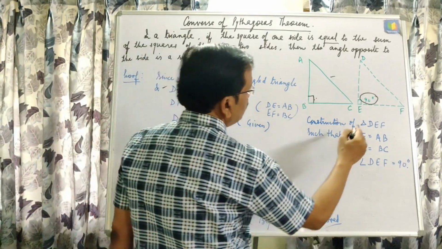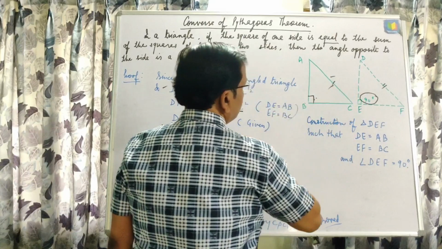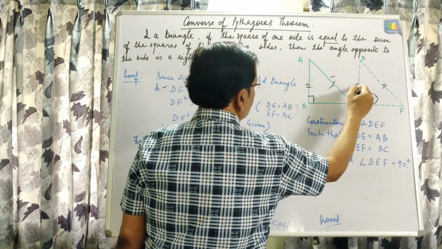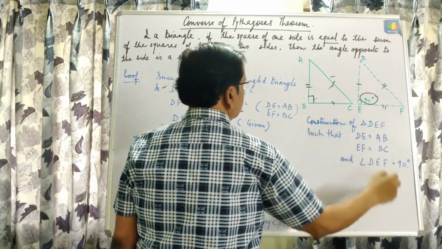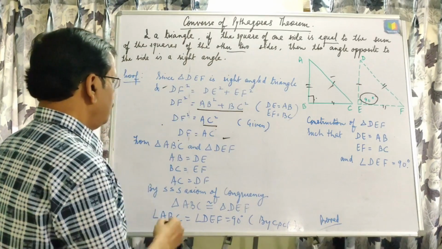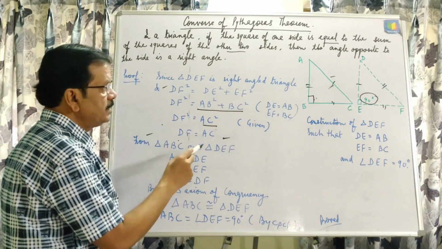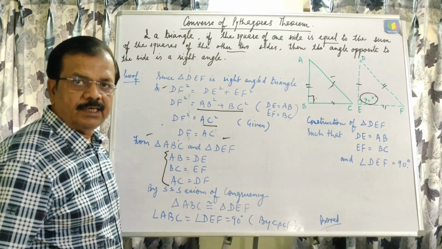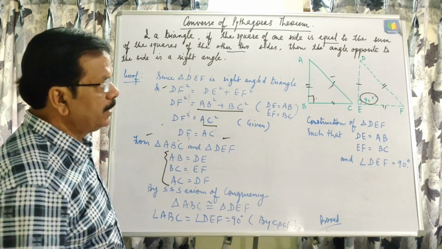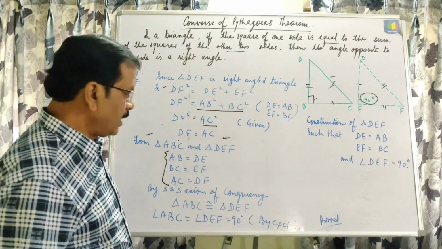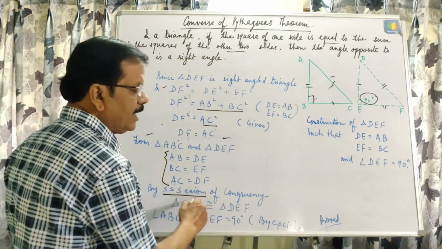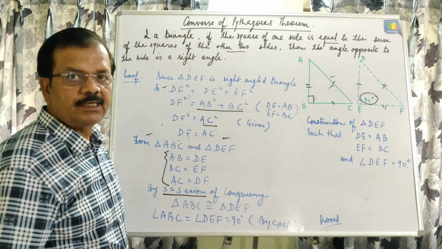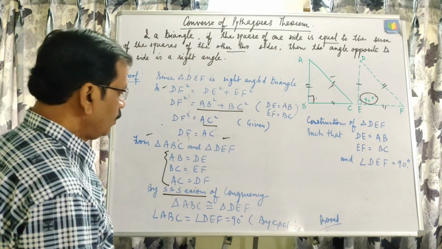We have proved that this is equal to this, and this is already equal to this, and this is equal to this by construction. So taking these two triangles ABC and DEF, all three sides are equal to the corresponding sides of the other triangle, and by the SSS axiom of congruency, these two triangles are congruent.